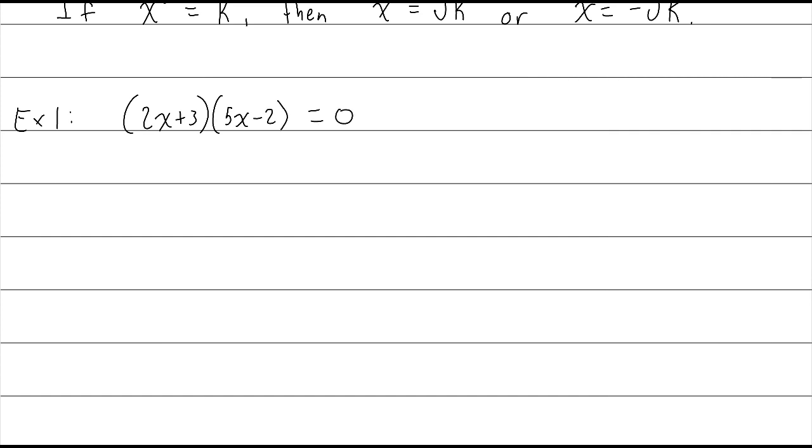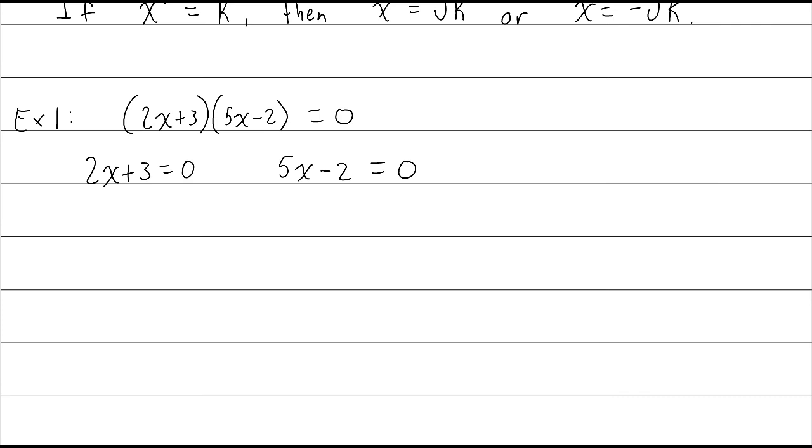Okay, I'm going to start off with this one because it's a direct application where we need to use the zero product principle, because I can clearly see here that something times something equals 0, right? And so from that, I know that 2x + 3 has to equal 0, or 5x - 2 has to equal 0. That gives me two possibilities, two simple equations that I know how to solve.